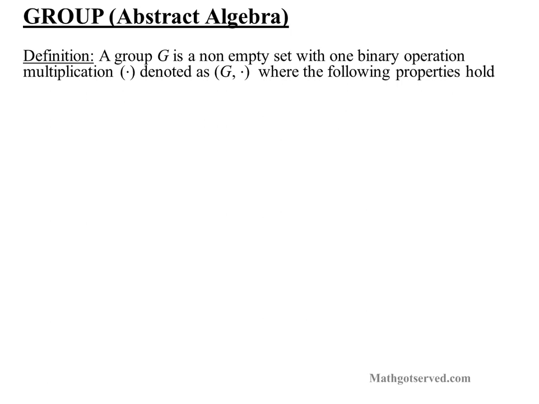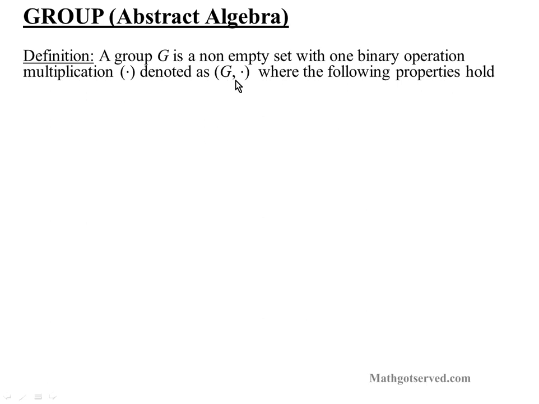You can express a group using the notation G comma multiplication enclosed in the parenthesis. G represents the name of the group, and multiplication is the only operation that applies to this non-empty set, which is a group.